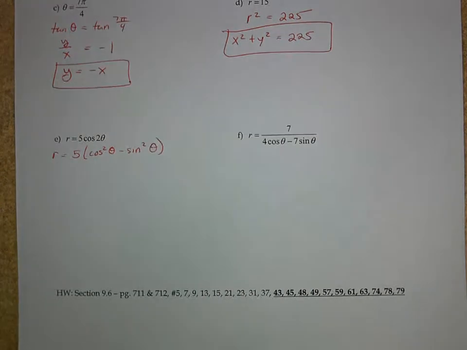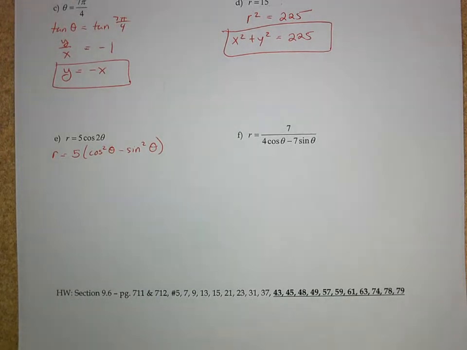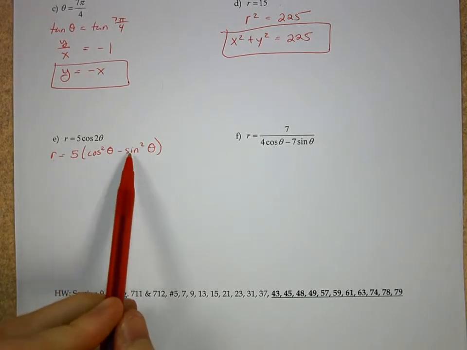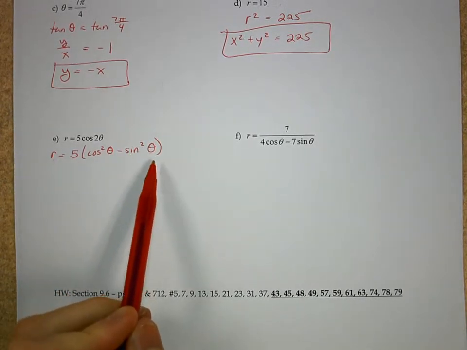Now, it'd be really nice to get rid of those cosine squareds and sine squareds by putting in x's and y's. But the thing is, if I do that, I would need to multiply through by r. So, if I multiply through by r, I would have an r squared here, r cosine squared theta, and r sine squared theta.